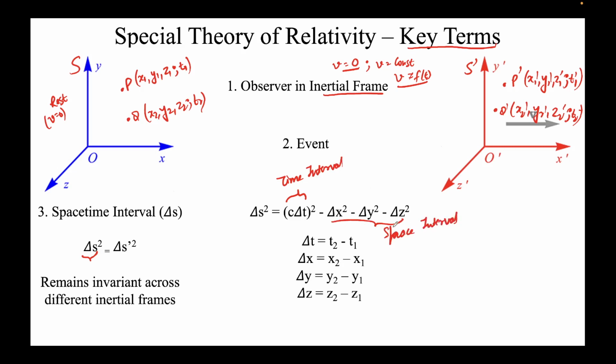Hence the difference of time interval with space interval, the square root of that, will be the space-time interval. Note here the square is here. So that's what space-time interval is. The key thing to note is that the space-time interval remains invariant across different inertial frames. So that is the key thing to note here.